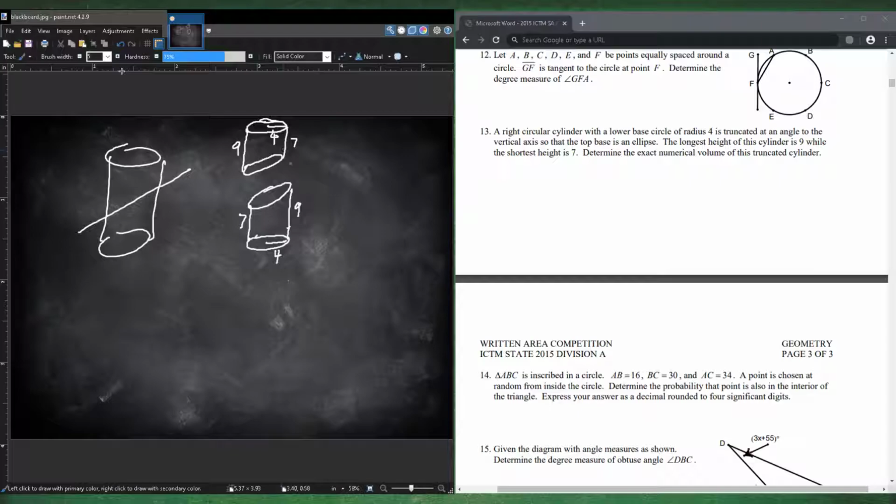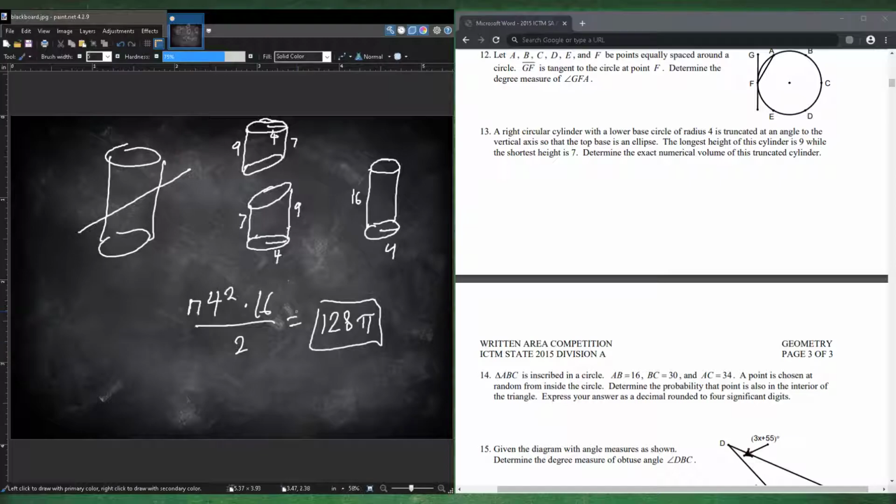If you connect them together, we have a full cylinder, and 9 plus 7 equals 16, with radius 4. Since these two are exactly the same, we could just find the volume of the full cylinder and then divide by 2. So we do pi radius squared times your height, which is 16, divided by 2. So we get a volume of 4 times 4 times 16 divided by 2, which is 128 pi. And that's your answer for number 13.